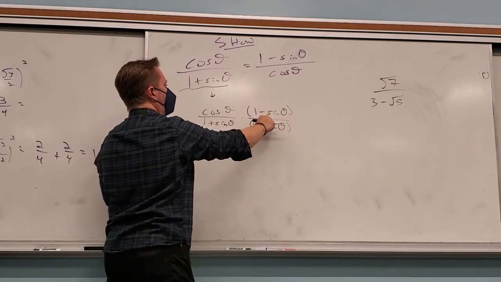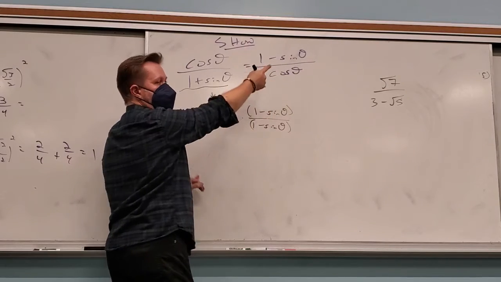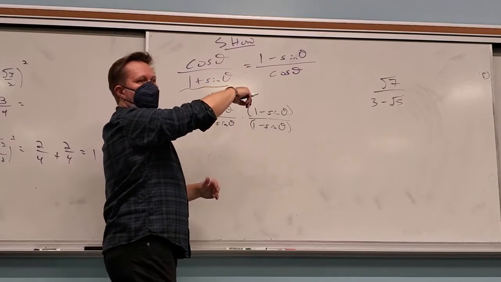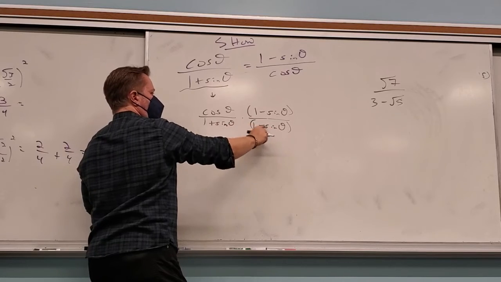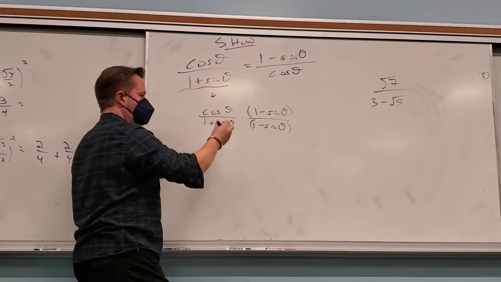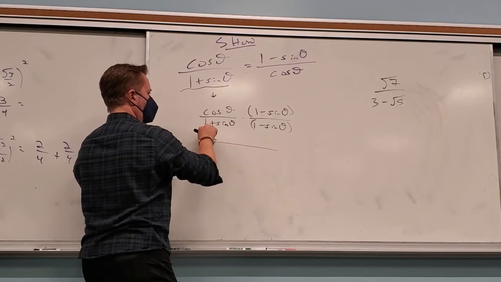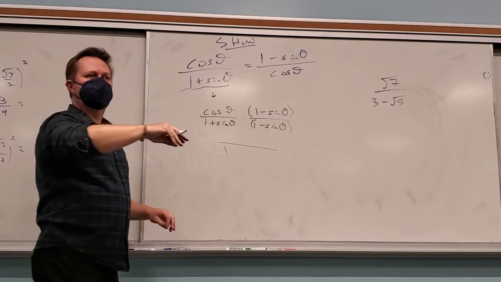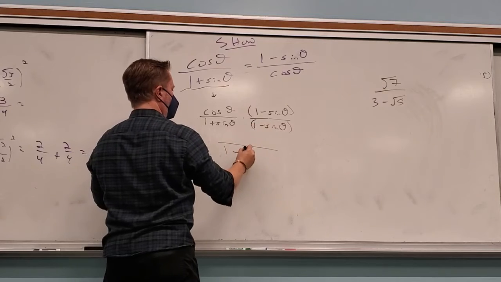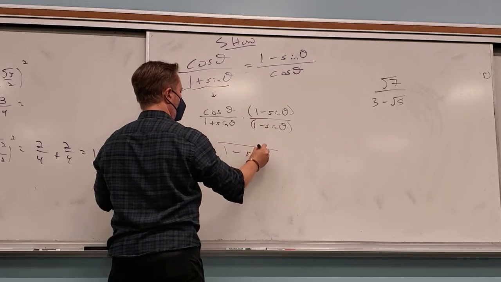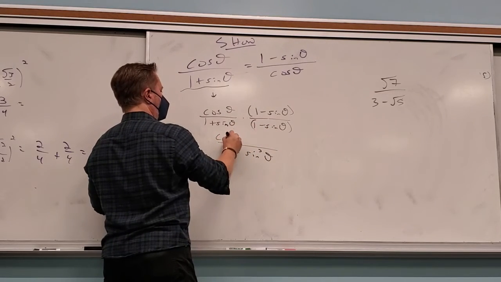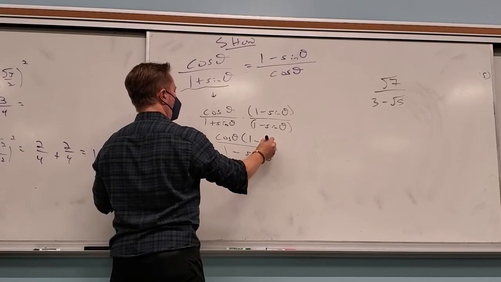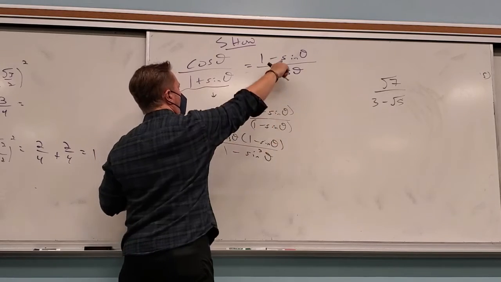So I'm going to multiply the top by this so that it's there. I'm one step closer to making it look like that. But another reason is the conjugate. And sure enough, what do I get on the bottom? 1 plus sine minus sine, the middle terms cancel. Minus sine squared. And on the top, I just get cosine theta times 1 minus sine theta. I'm not going to multiply it through because I know I want that there.